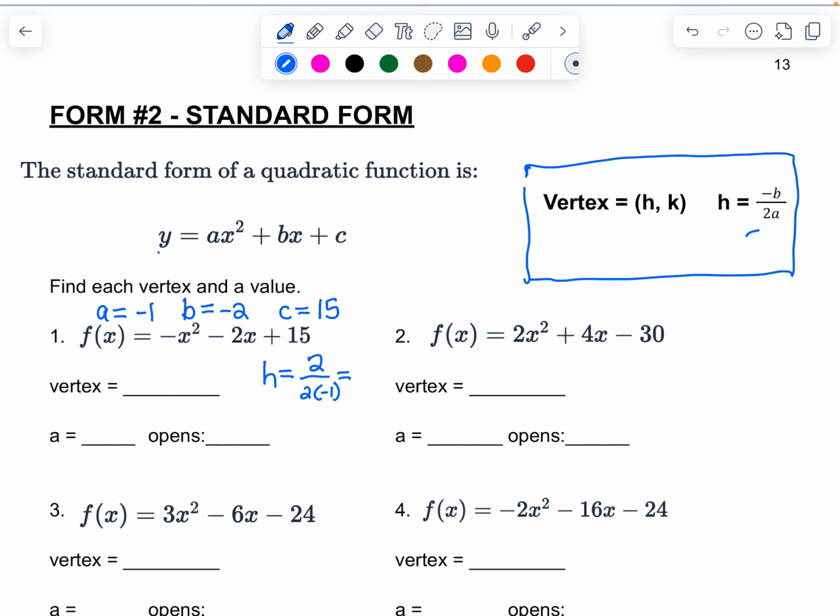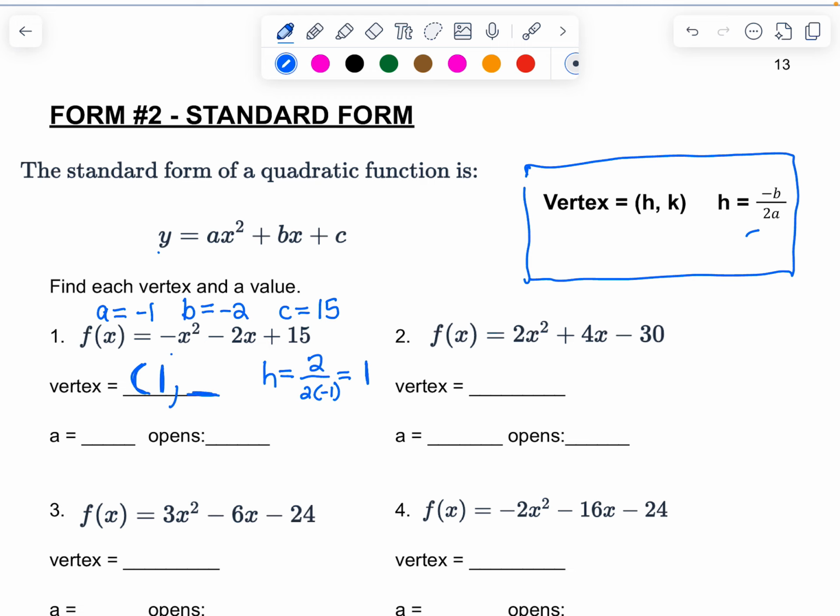That's going to give me 2 over -2, I believe. Yes, opposite of B over twice A. So that's going to give me 2 over -2, which is going to give me 1. See, make sure I have that right. Opposite of B over twice A. Okay, so what that tells us is that your vertex, the x coordinate, or H, is 1.